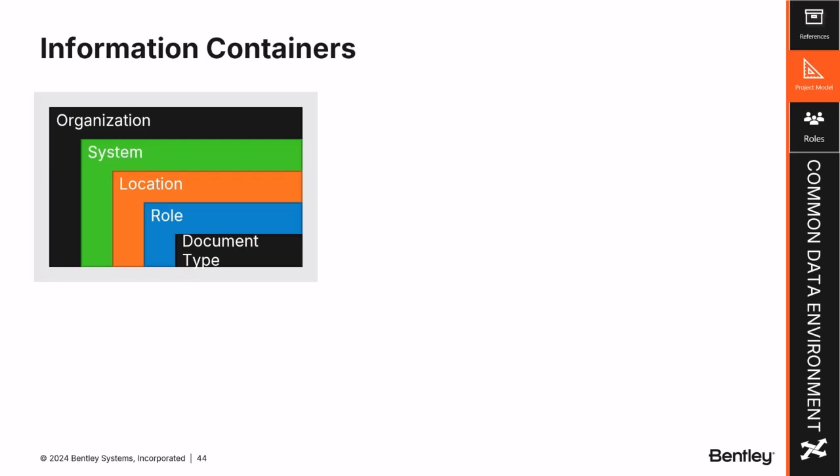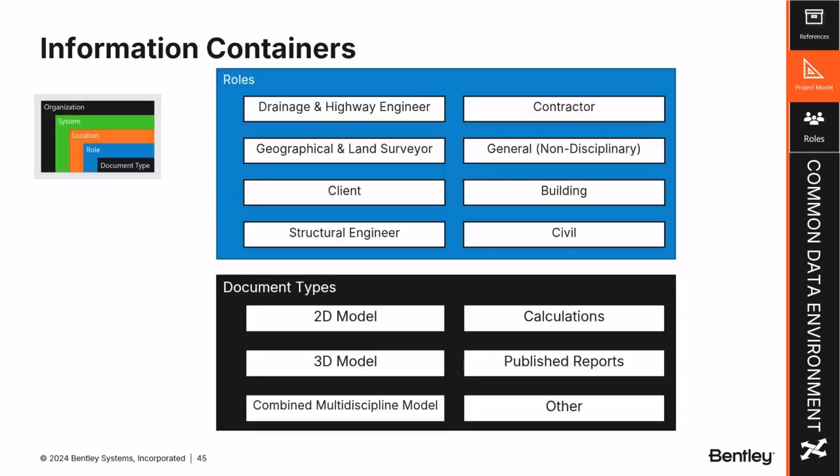So with that being said, the schema for UK 2019 information containers include organization, system, location, role, and document type. The role definitions and document type definitions, those are specified in the annex or in the addendum.